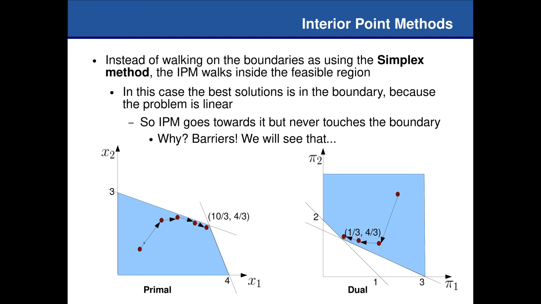This is going to be the gradient of my objective function. So I'm walking towards a gradient, walking towards a gradient, walking again, and trying to get as close as possible to this point, which is my solution. But of course, I'm not going to touch it because I have a barrier here. We discussed that before.